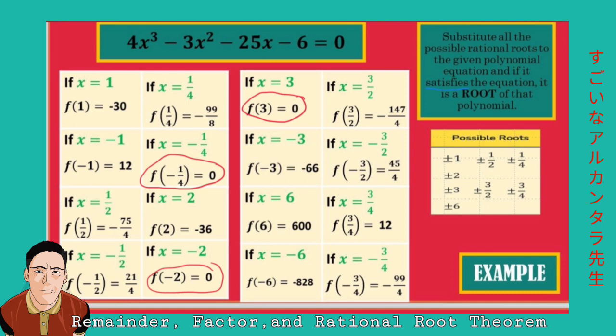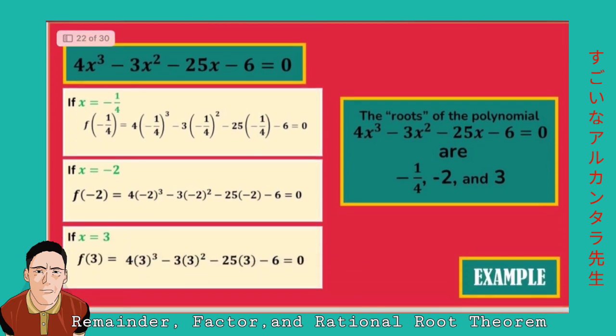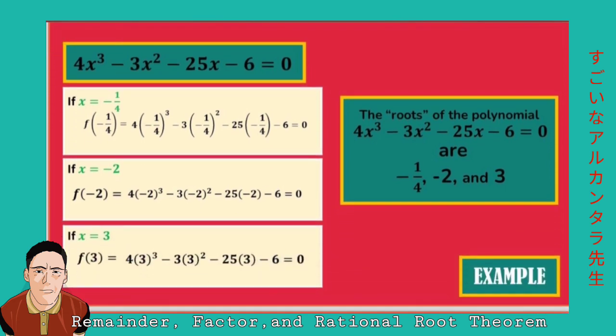That's the meaning of satisfying the equation, and that is the meaning of being a root or roots of a polynomial. So again, when you substitute them, it's going to look like this. You have x is equal to negative 1/4, x is equal to negative 2, and x is equal to 3. Again, the meaning is that they are the roots of the polynomial.